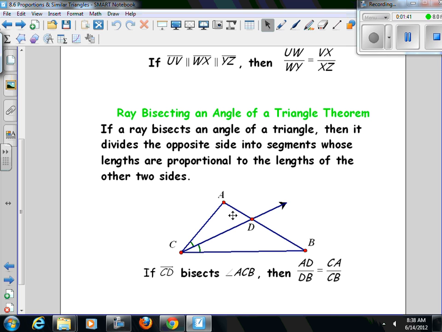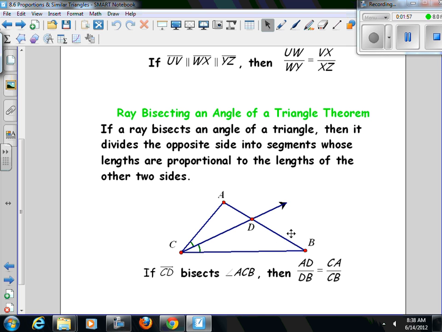Here's the ray bisecting an angle of a triangle theorem. If a ray bisects an angle of a triangle, then it divides the opposite side into segments whose lengths are proportional to the lengths of the other two sides.